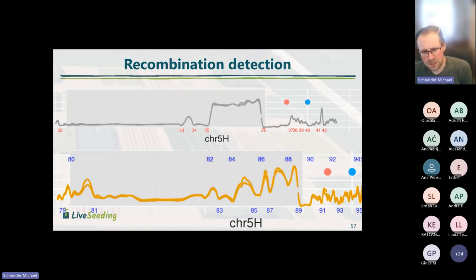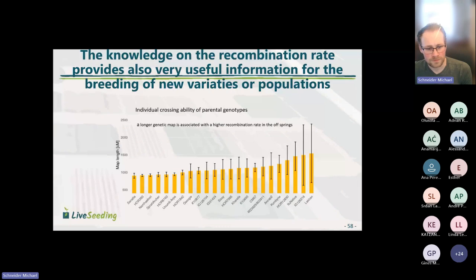And why is this interesting? As a farmer, I wouldn't care much, at least me personally. But for a breeder, this might be quite interesting because this can be spawned not only to different environments, but also to different parental lines we use, because each genotype has an individual crossing ability and also an individual recombination rate that is associated with it.